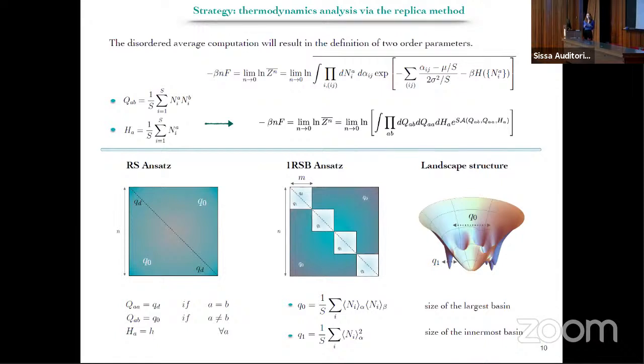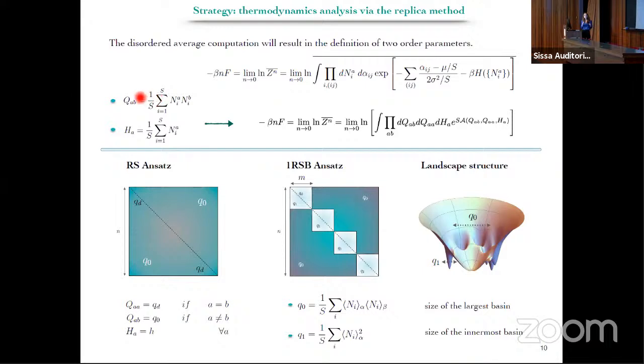I don't want to enter into the mathematical details, but I just want to say that the working strategy is the computation of the free energy in terms of the log of the replicated partition function, and eventually taking the analytical continuation and going to zero, where n is the replica index. Since we are dealing with disordered quantities, because alpha_ij are random variables, we need to introduce two order parameters. One is Q_ab, which is called the overlap.